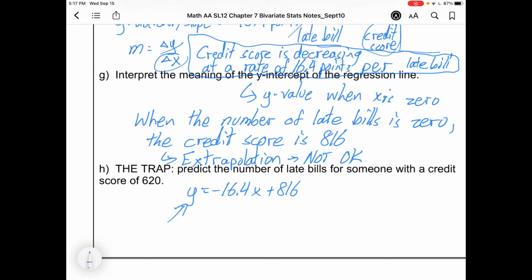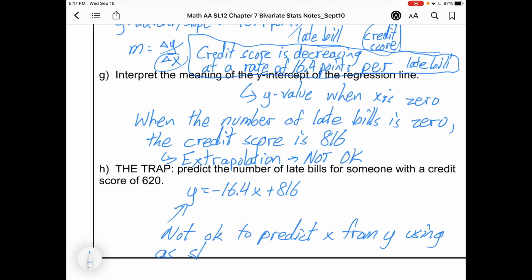So this is not okay. Not okay to predict the independent variable. Predict x from y using a standard, or what we might call a y on x regression.